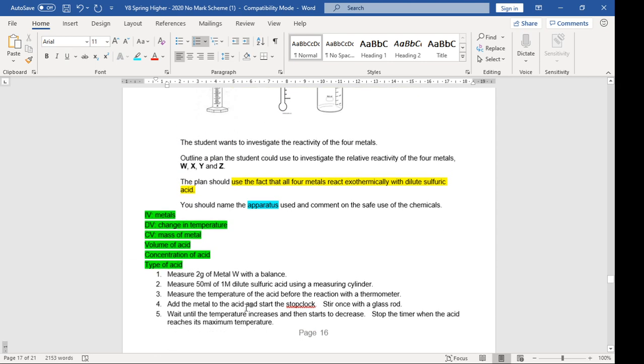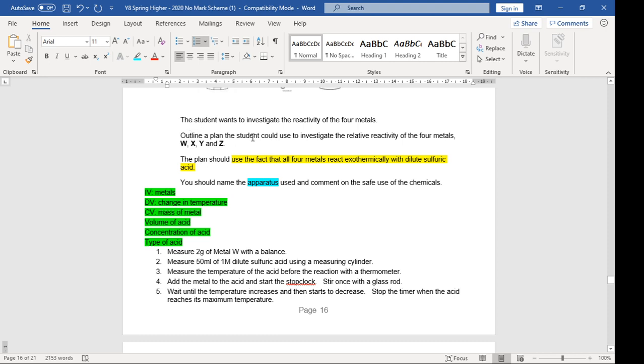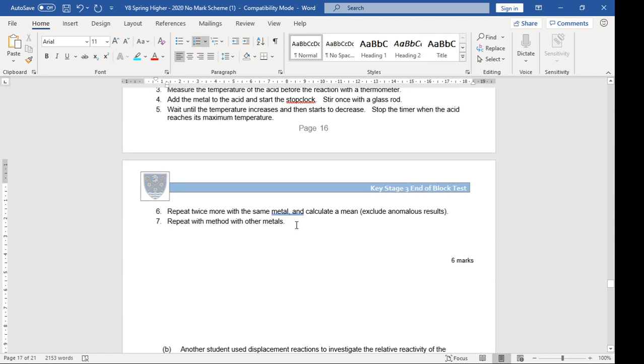Right, and then if we go back, have we outlined a plan? Yeah. We've named the apparatus used. We haven't commented on the safe use of chemicals. So then we can just write for safety, wear safety goggles.